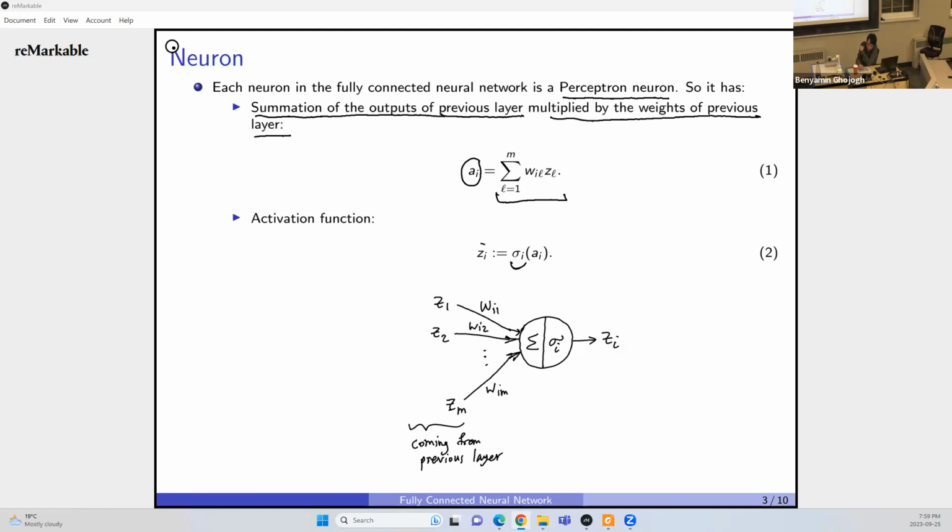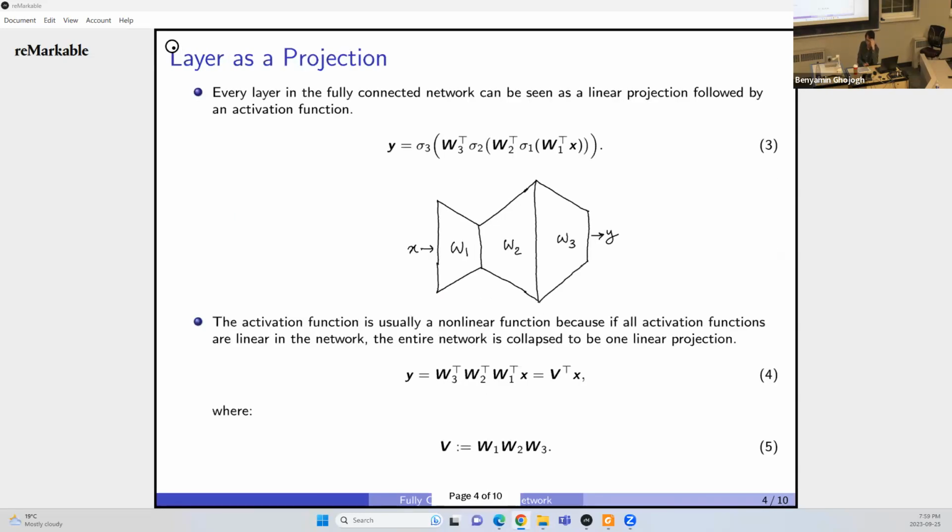Then the output of the activation function becomes Z_i, which is again used in the summation of the next layer. If I don't have any activation function, then Z_i becomes A_i. But we usually have to have an activation function. Why? I'll tell you now.